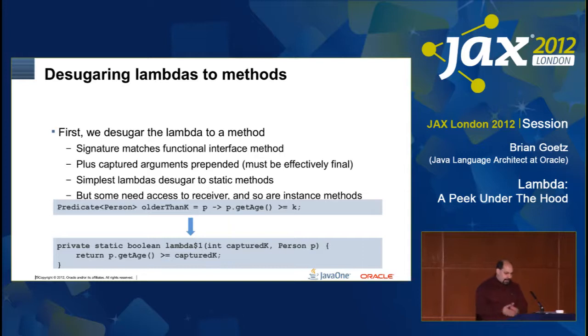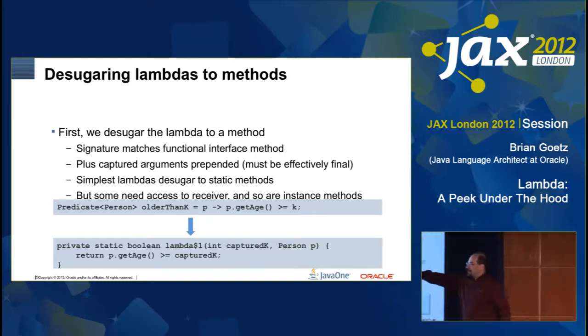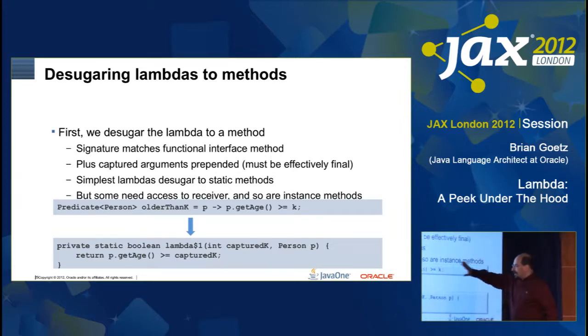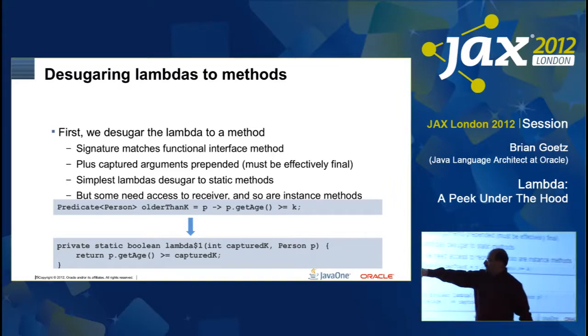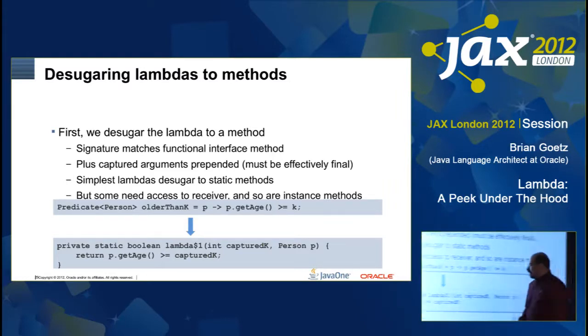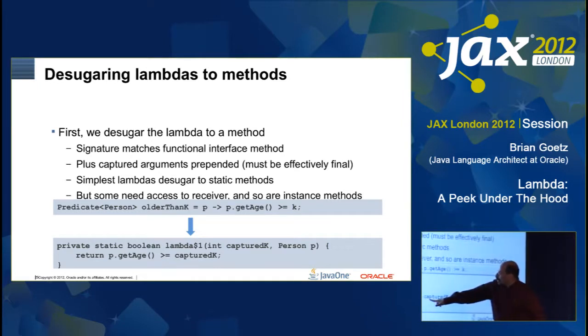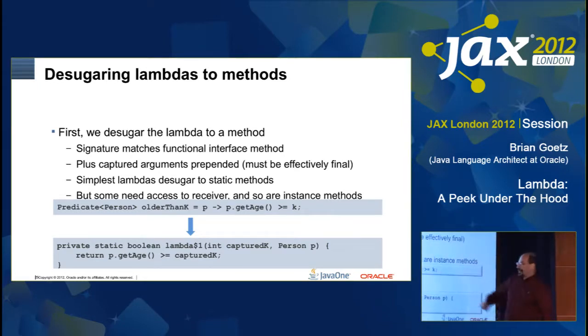Okay, so let's look at some bytecode. Again, pretty much the same lambda gets desugared to a method whose argument list matches up with the argument list of the functional interface type, plus an extra argument for this captured value.